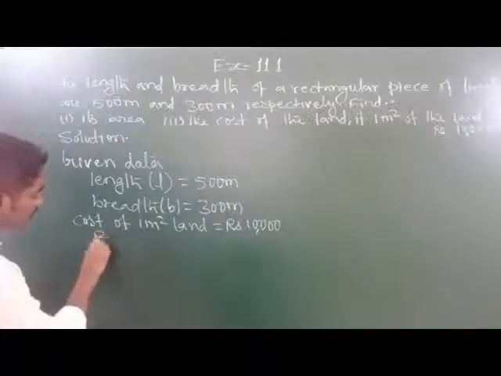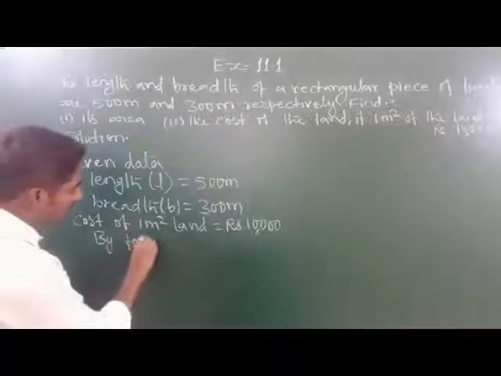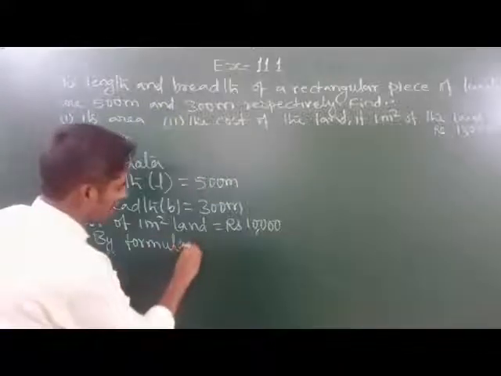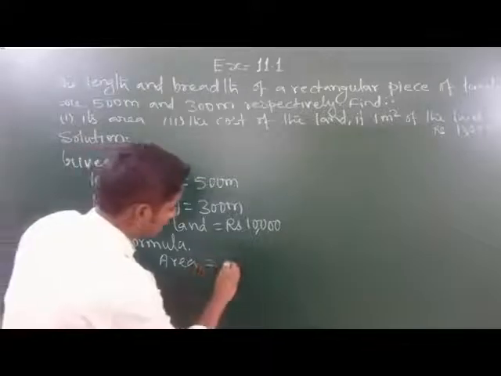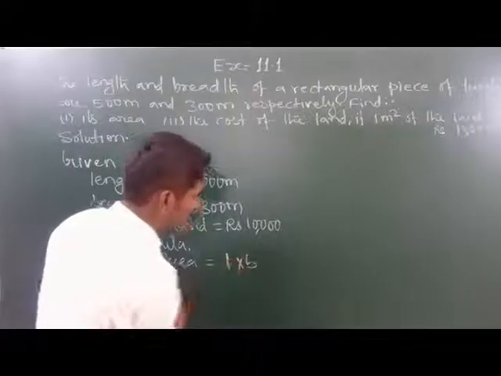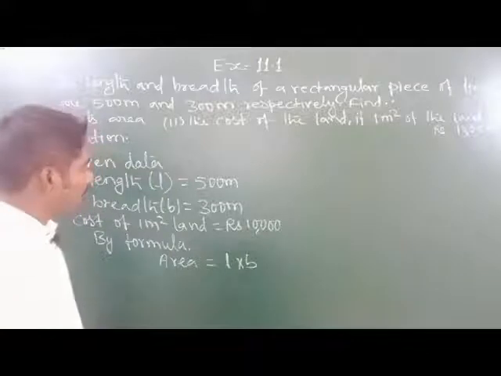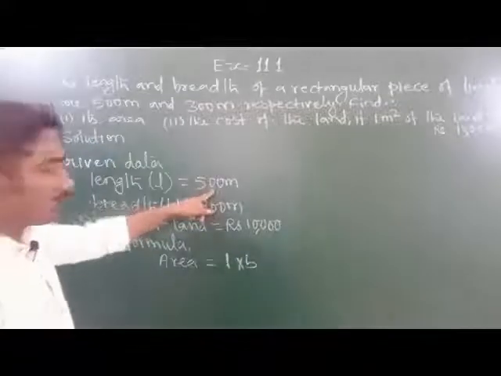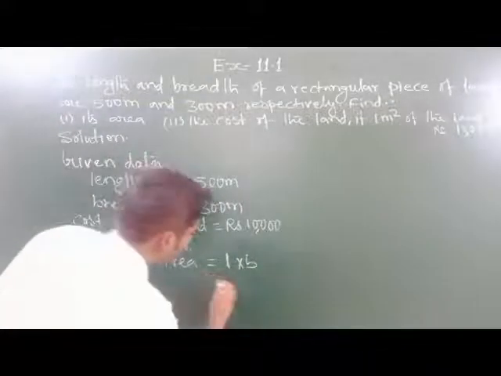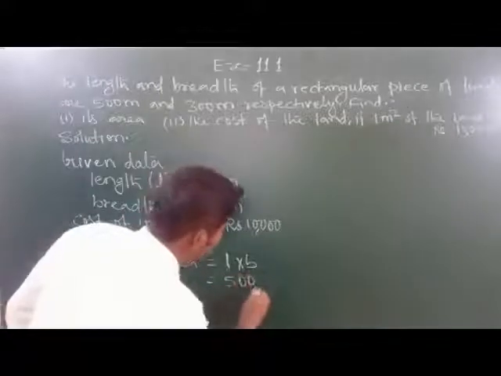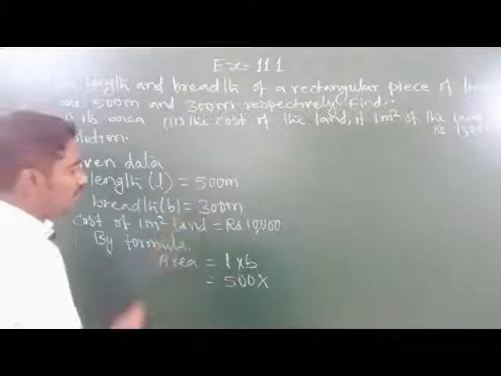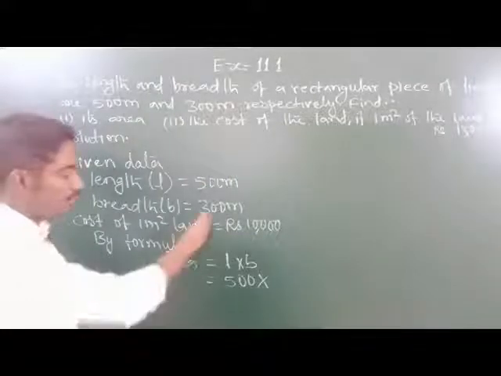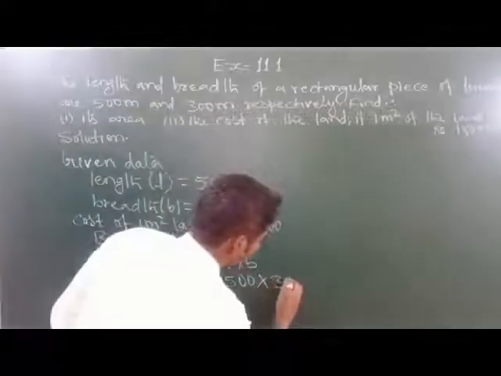Now what to calculate? Area. So by formula, area is equal to L into B, that is length into breadth. Now put the values. L is equal to 500, so 500 instead of writing L, the multiplication sign as it is, and instead of writing B or breadth we will write 300 because it is the given value.